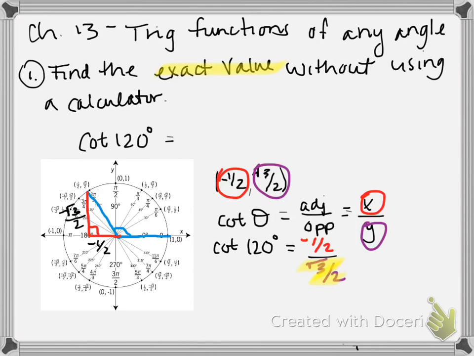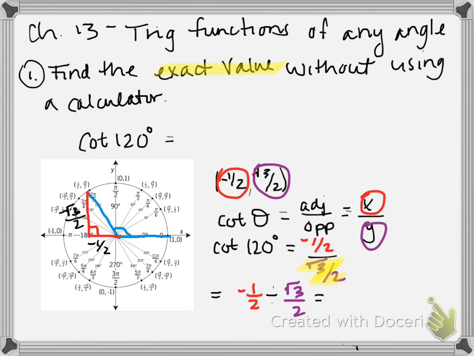So what I'm going to need to do is think of this as negative 1/2 divided by root 3 over 2.